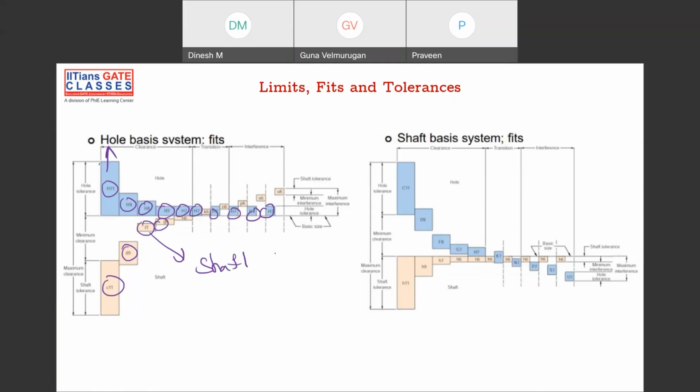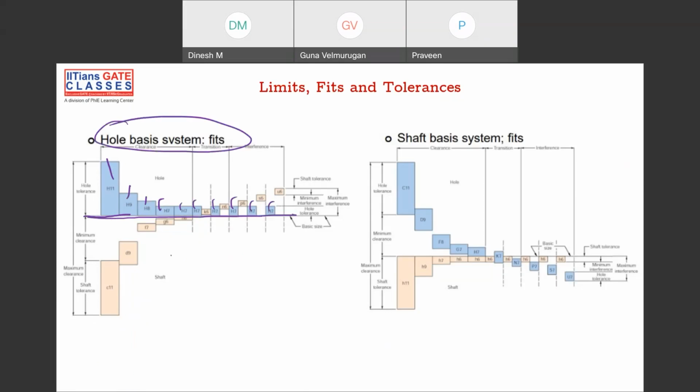Understand as of now that the minimum values of all the holes are touching the basic line. That's the reason why this is your hole basis.